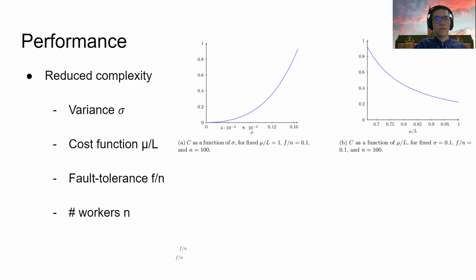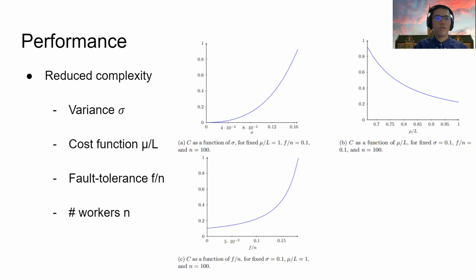The second factor is the cost function. To be more specific, the ratio is dependent on the ratio of the convexity constant to the Lipschitz constant. As the ratio mu over L comes closer to 1, the upper bound of the reduced complexity decreases.